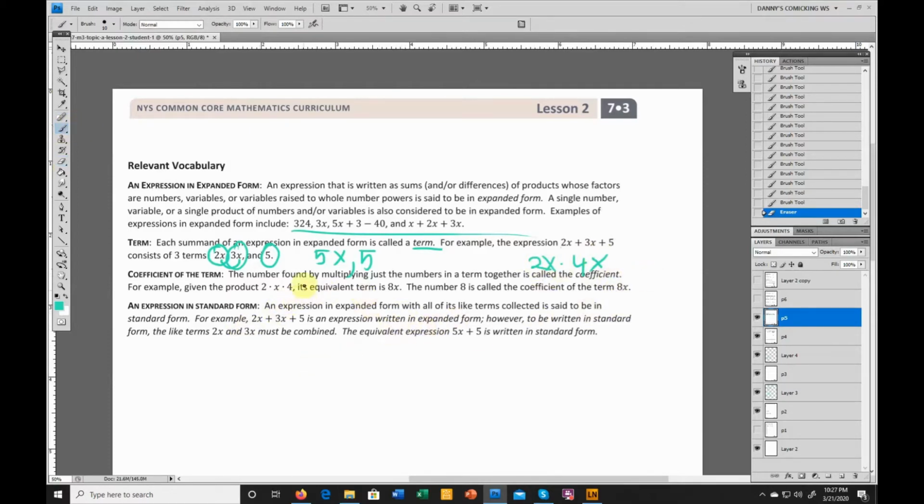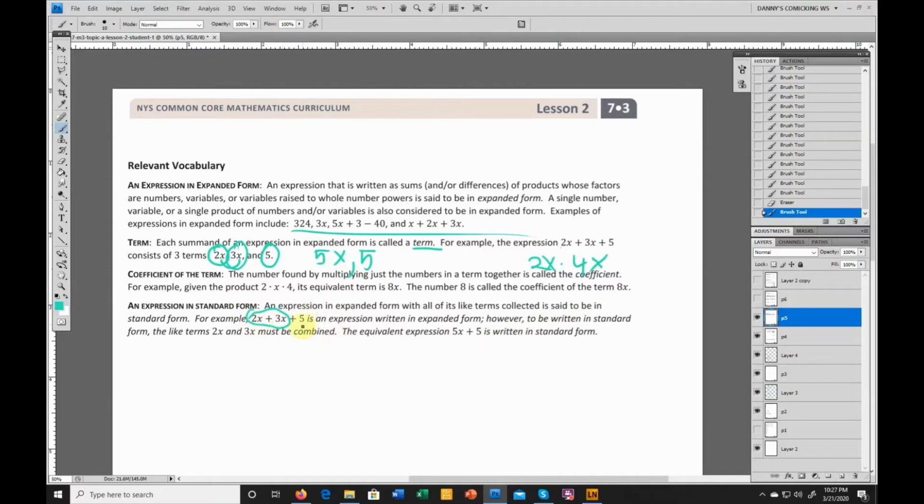An expression in standard form. An expression in expanded form with all of its terms collected is said to be in standard form. So 2x plus 3x plus 5 is an expression in expanded form. However, just like I showed you up here, you could add these two together because they both have an x, they're both like terms.